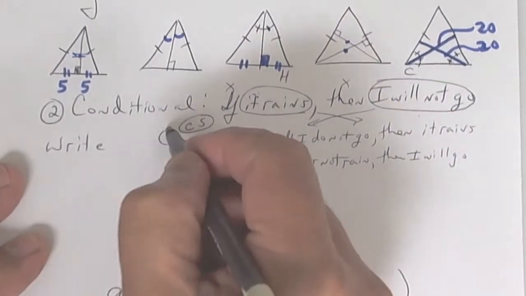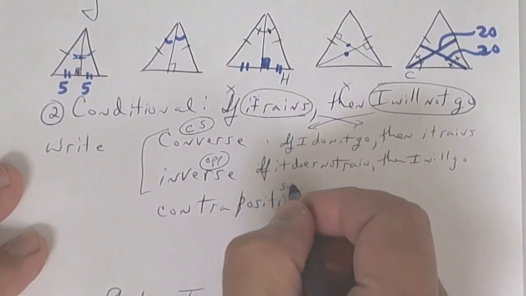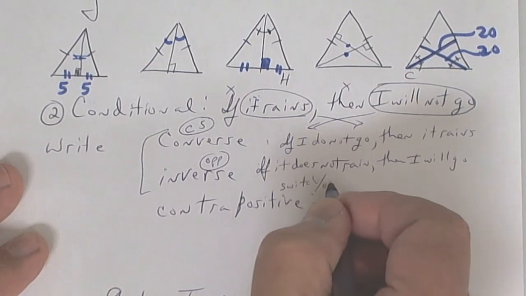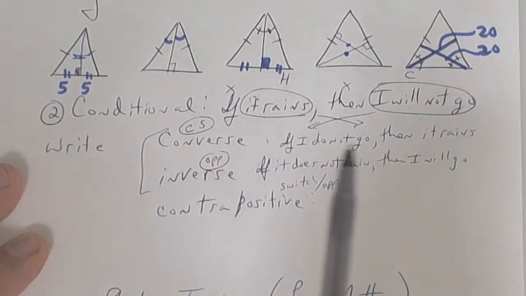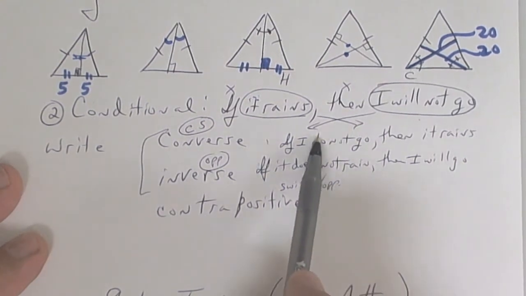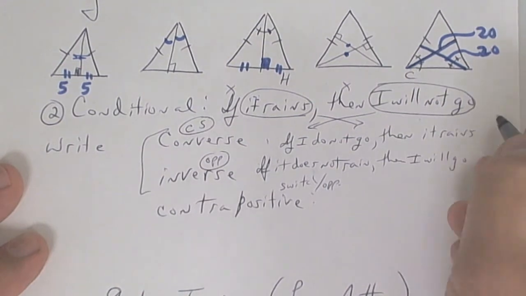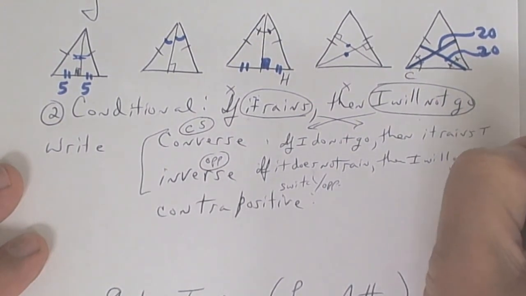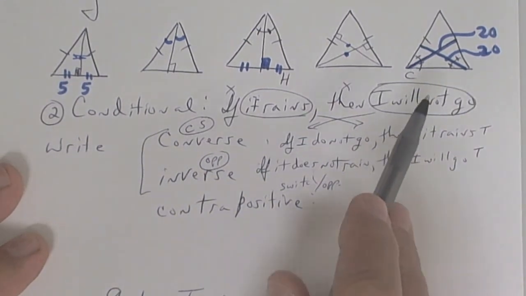Now the contrapositive is both of these. So put switch and opposite. Okay, and you go back to the original. The only way it works is if both of these are true. And since this is something you really can't prove, you just have to accept it, we'll say they're both true. So the contrapositive, you're going to put this one first, but say the opposite.